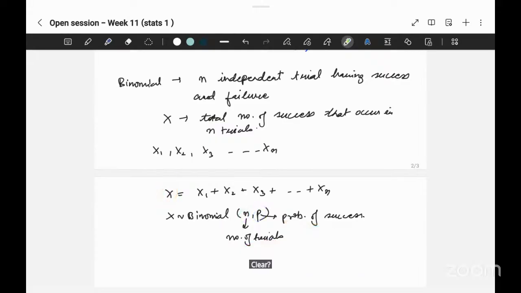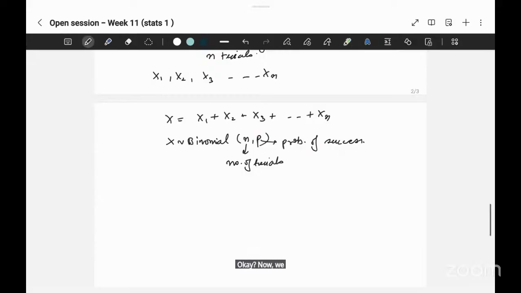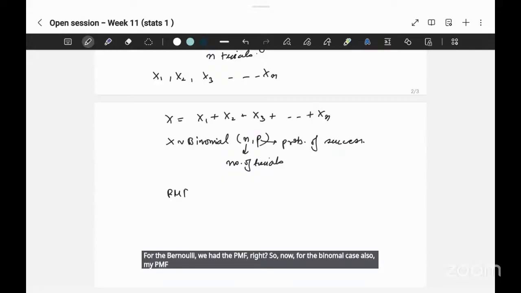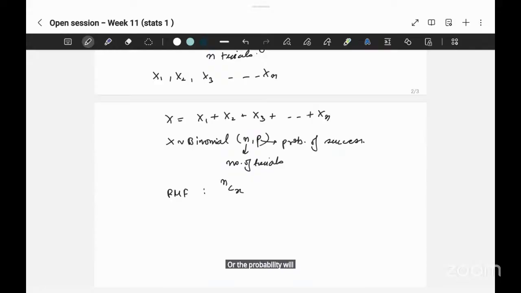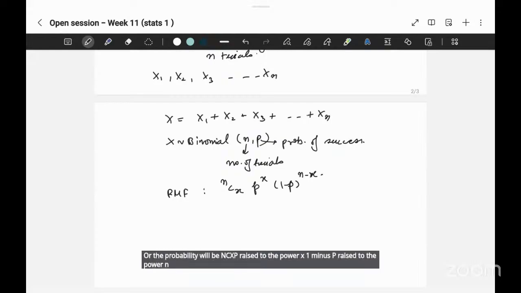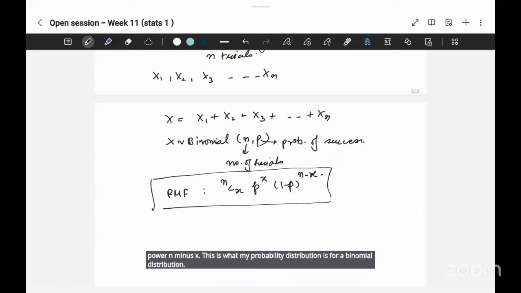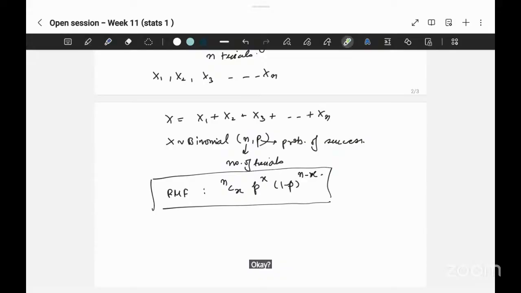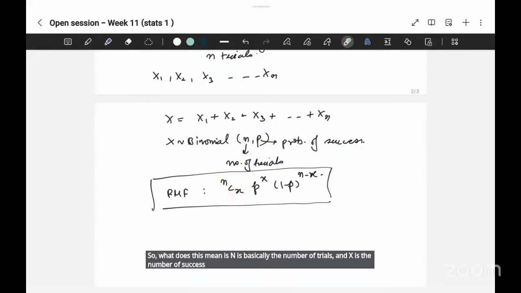Yes, ma'am. Okay. Now, for the Bernoulli, we had the PMF, right? So for the binomial case also, my PMF or the probability will be NCx p raised to the power x, times 1 minus p raised to the power n minus x. This is my probability distribution for a binomial distribution. What this means is n is the number of trials and x is the number of successes.